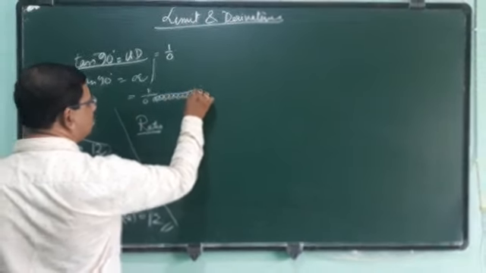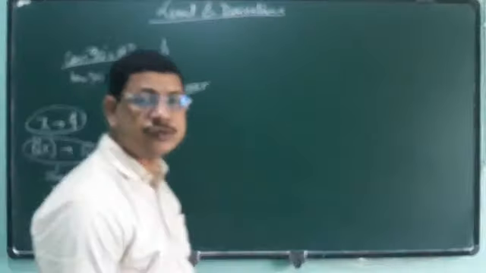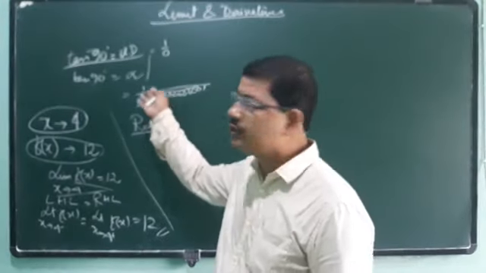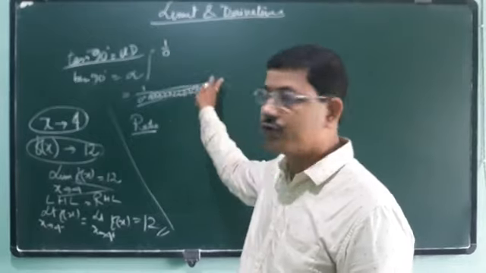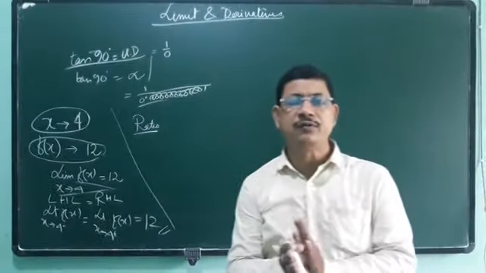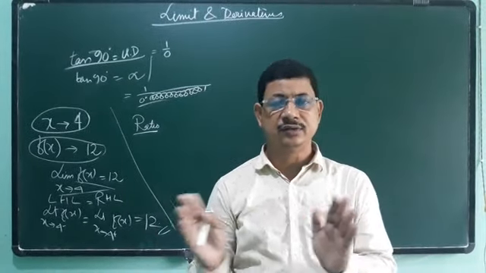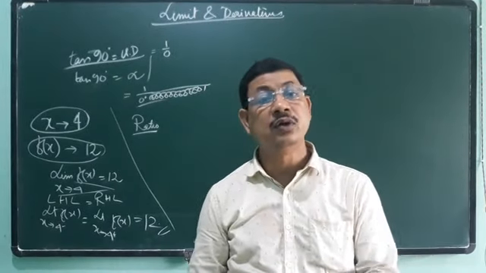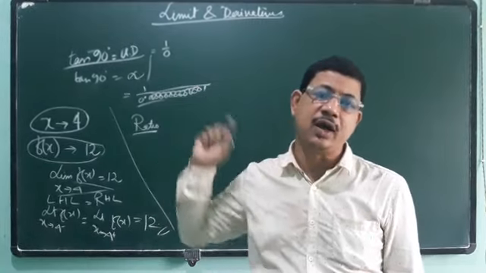If I keep so many zeros and then put 1, in some cases we practically take this as 0. So 1 by 0 is considered this way, but it is still a very big term. That's why sometimes it may be a little different, but don't think that the same thing is different from one subject to another.